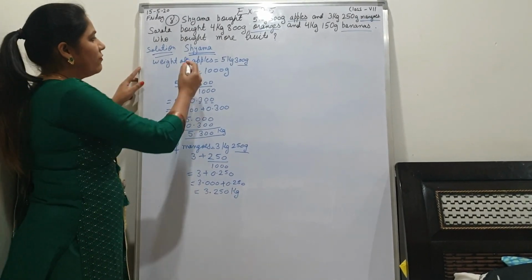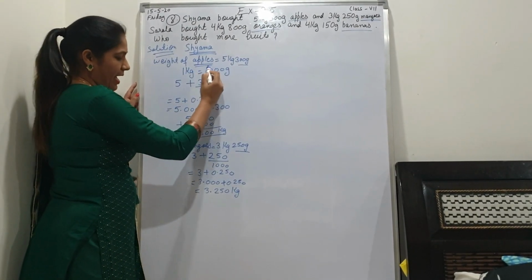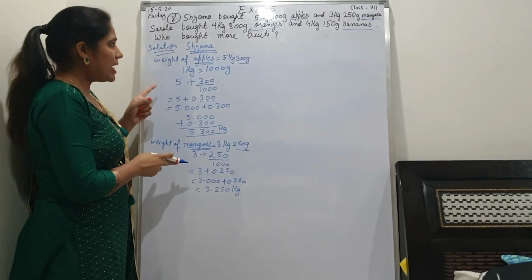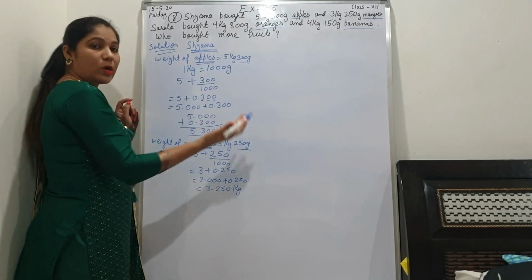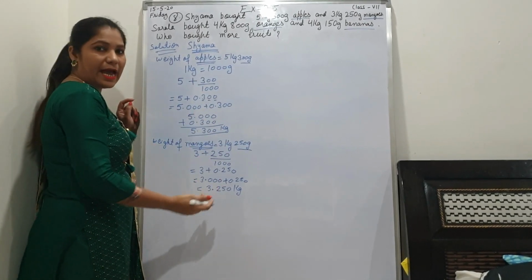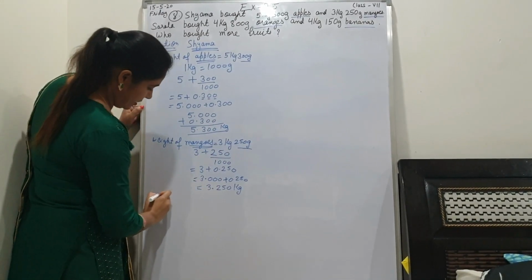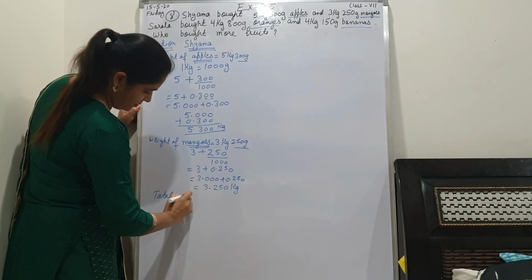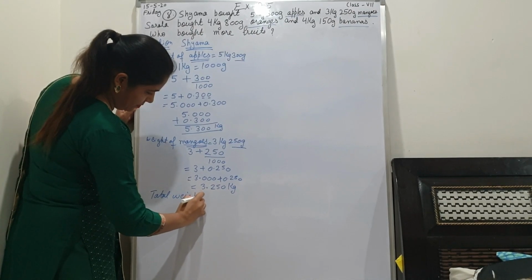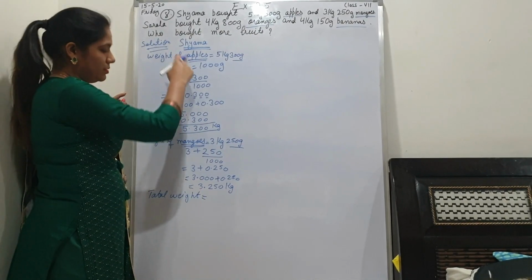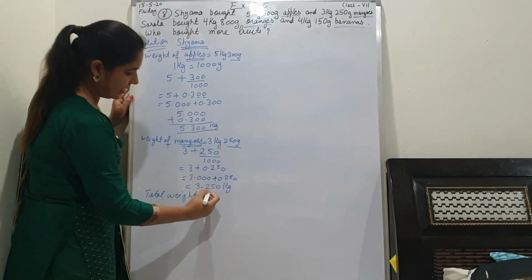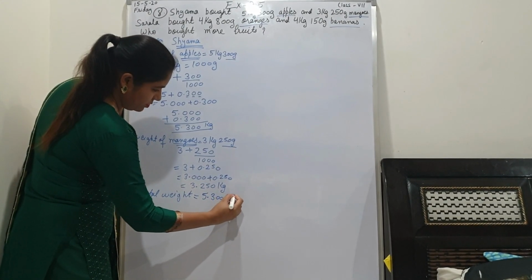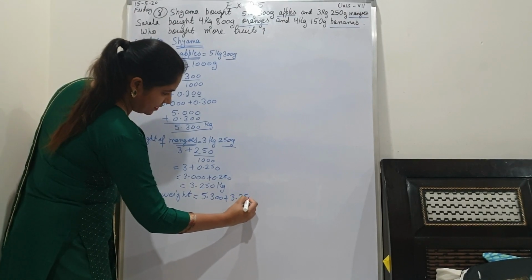Now we have the weight of apples and the weight of mangoes, and both fruits are taken by Shyama. So what is the total weight? We will just add them. We will write the total weight of the fruits taken by Shyama. 5.300 plus 3.250.